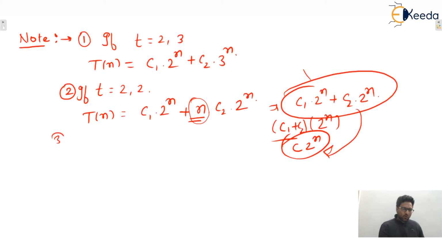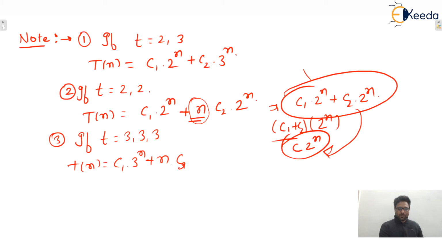So remember, if all roots are the same, let's say three roots and all three are the same, how to write the general solution? c1 into 3 raised to power n. Now multiply with n to differentiate the second term, and to differentiate the third term, multiply with n square, and so on. I hope this is clear to everyone.